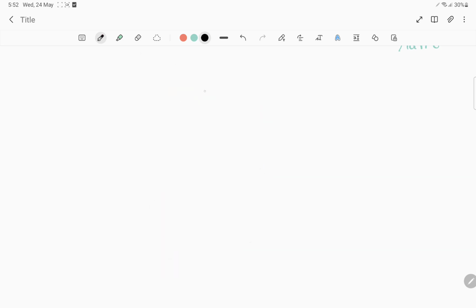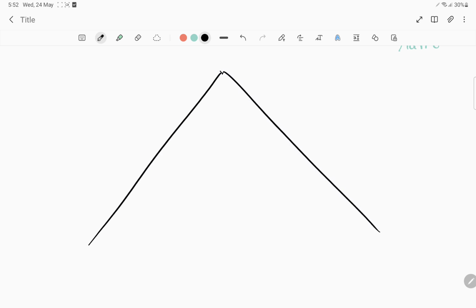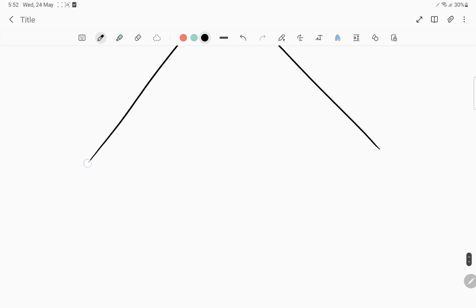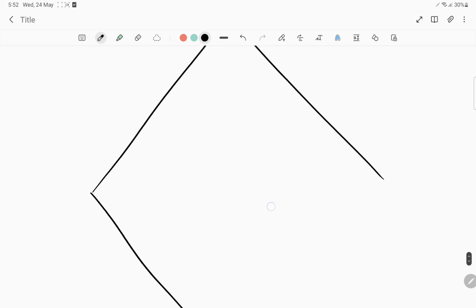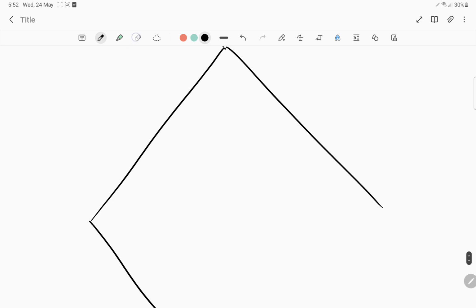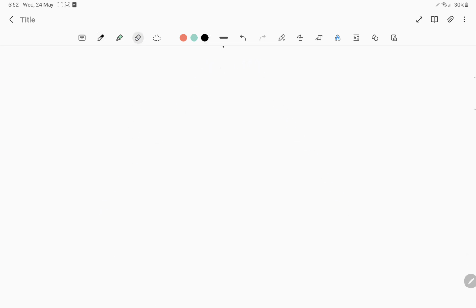So we have a cross like this. We'll draw in a smaller way. You can draw it linearly also.